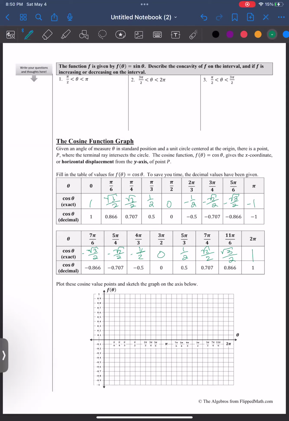So once again, I'm going to sketch my graph. So now you'll see that the cosine graph is going to look a little bit different than the sine. It's going to kind of look like if you moved the sine graph a little bit, you'll see what I'm talking about when it's graphed.